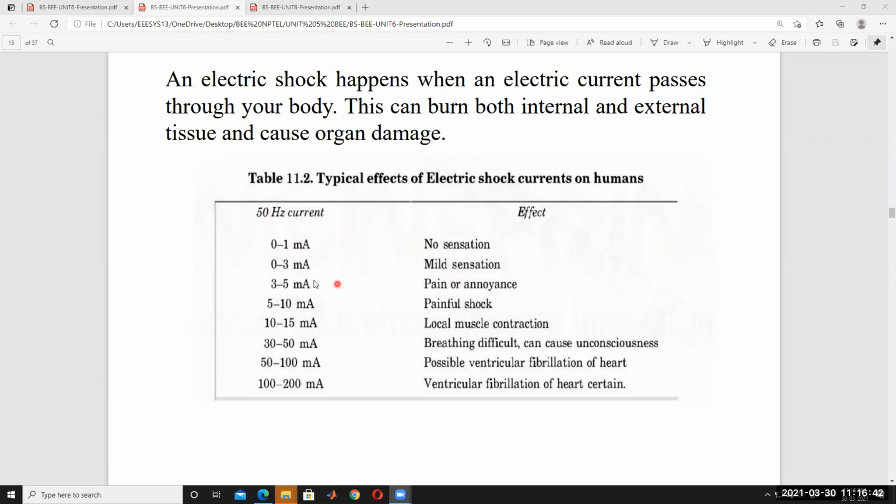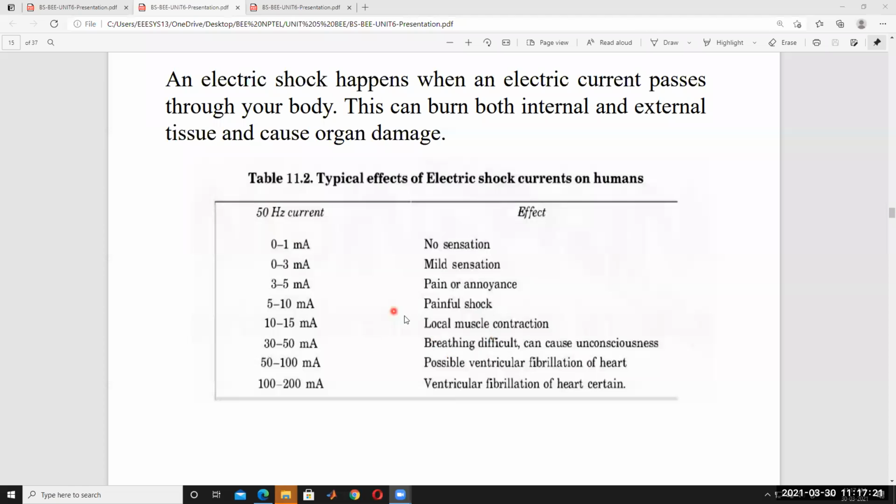This is called AC. At 1 to 3 milliamps there is a mild sensation, and at 3 to 5 milliamps there is some small pain. At 5 to 10 milliamps it is a painful shock; when the current passes through the human body it is very painful. At 10 to 15 milliamps there is local muscle contraction. These are the different ranges of currents and how they affect the human body.